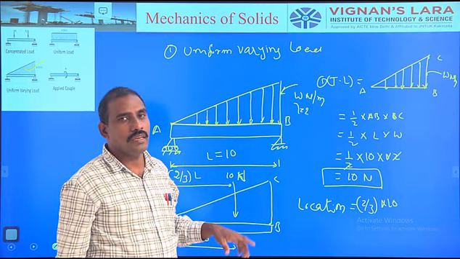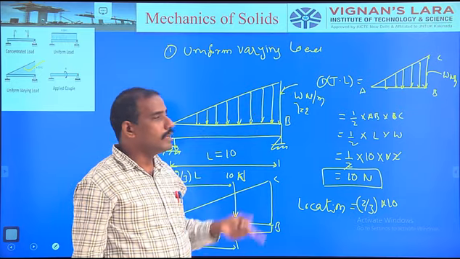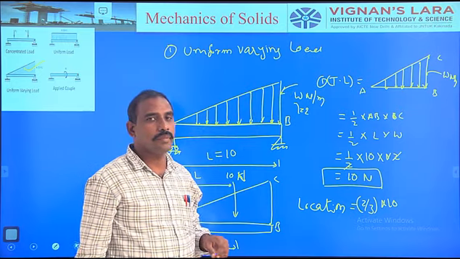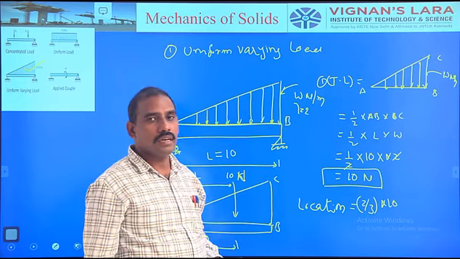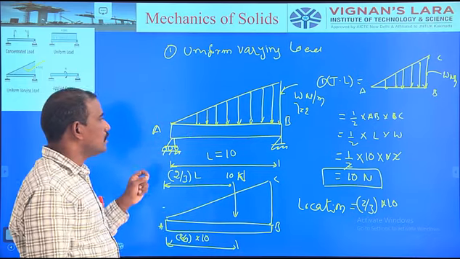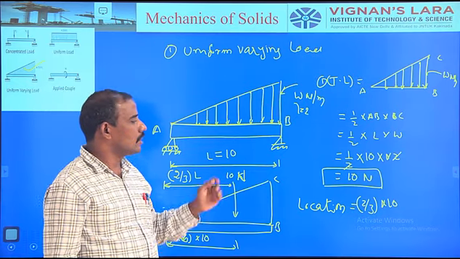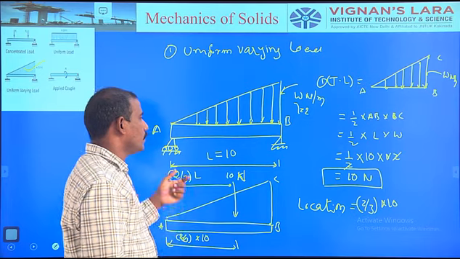Here remember one thing: the intensity of the load at the end B is W newton per meter. It is taken as the height of the triangle. At A its intensity is 0. That is very, very important. So here the location is the centroid of the triangle.